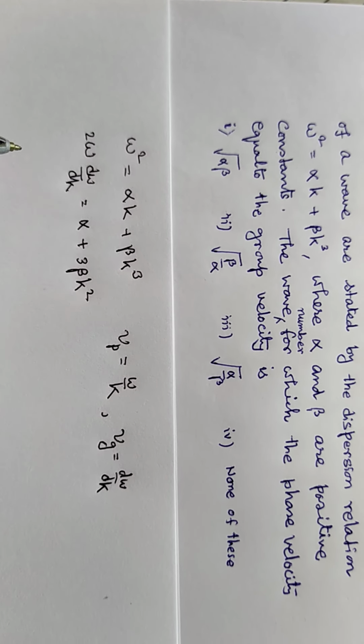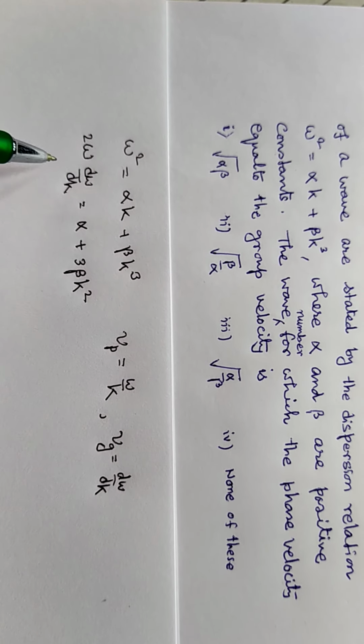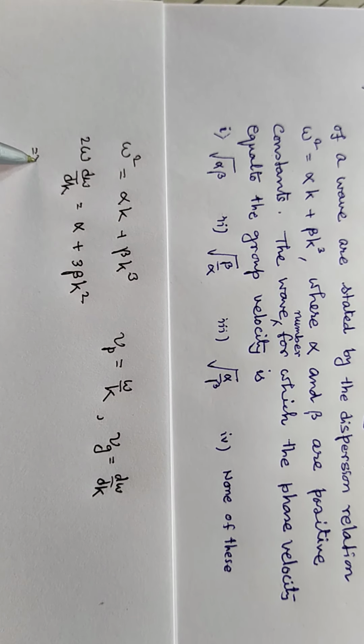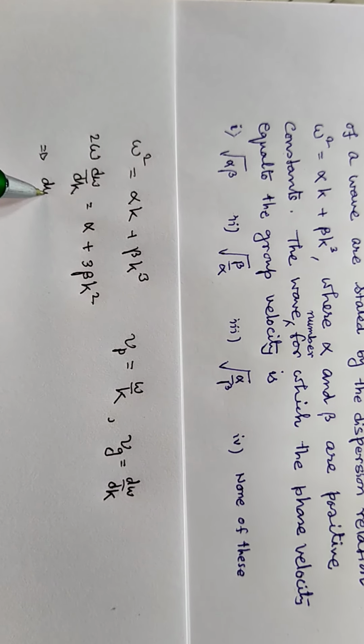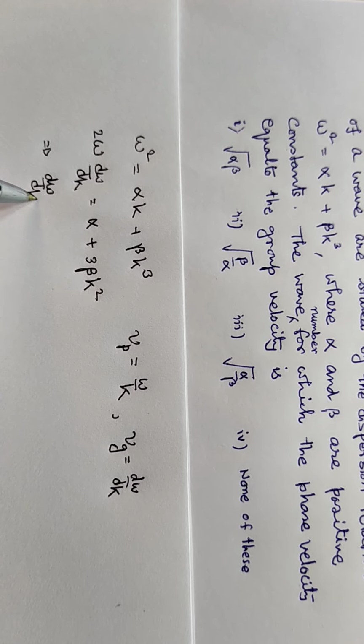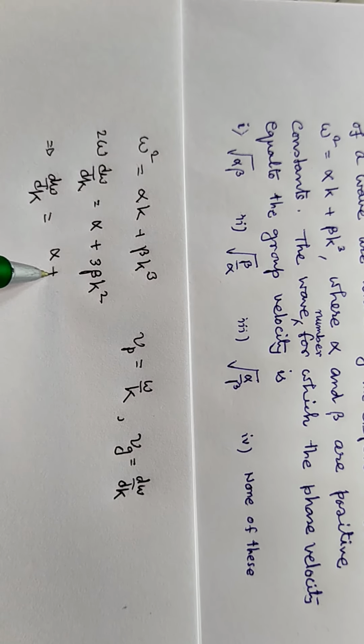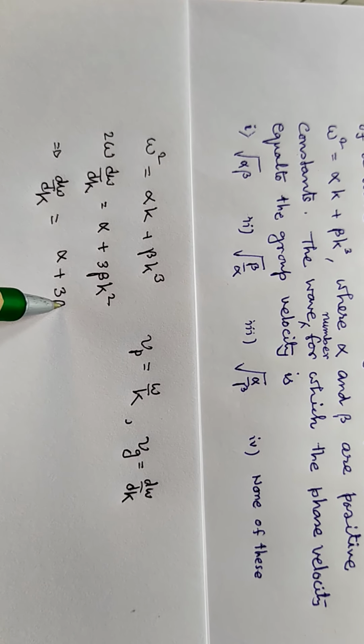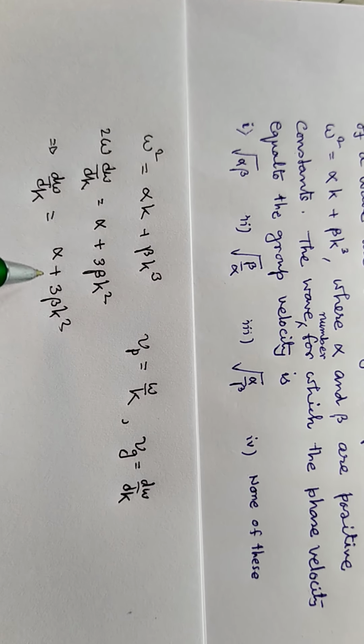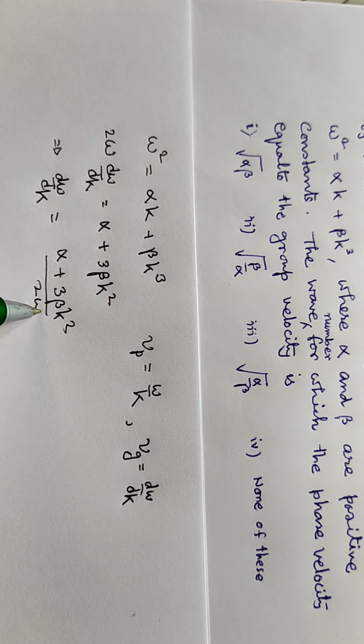Therefore d omega by dk, which is nothing but the group velocity, equals (alpha plus 3 beta k square) by 2 omega.